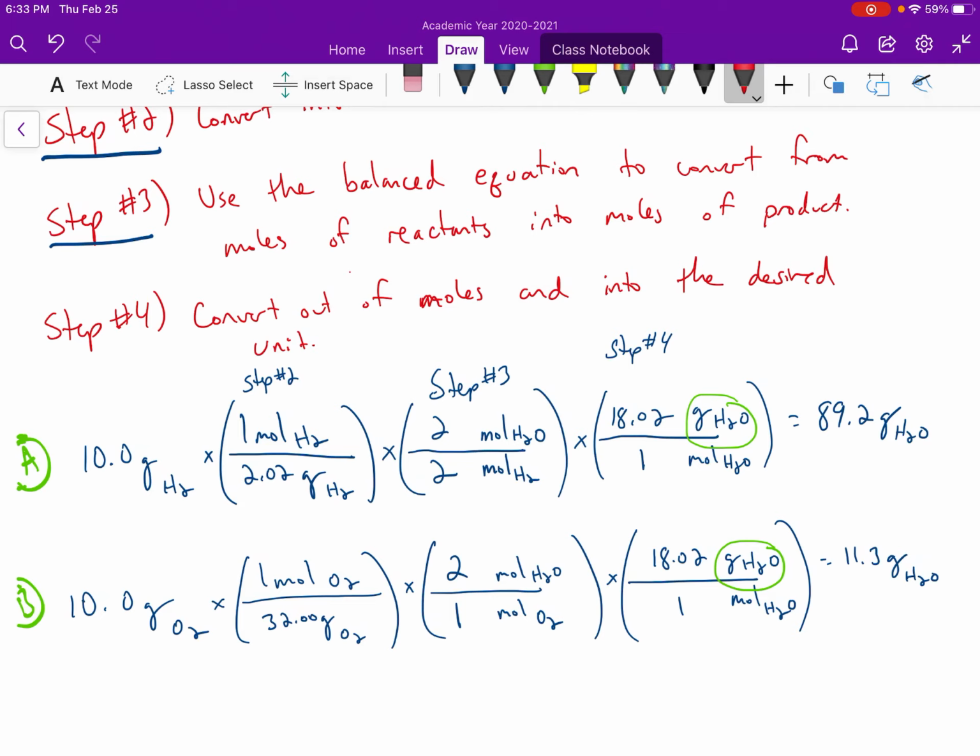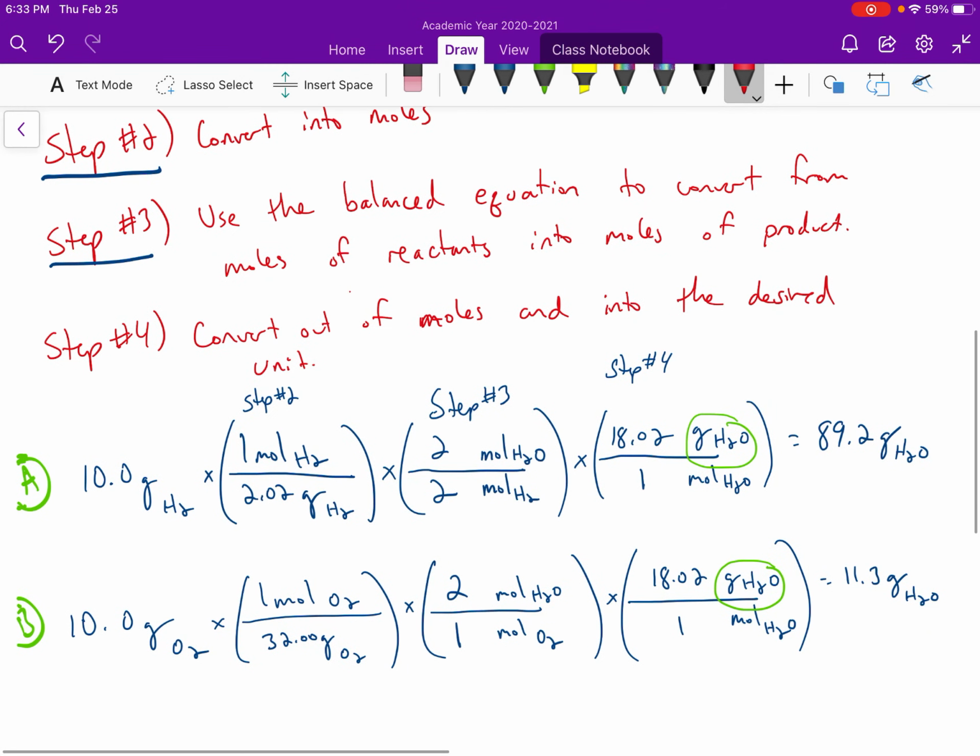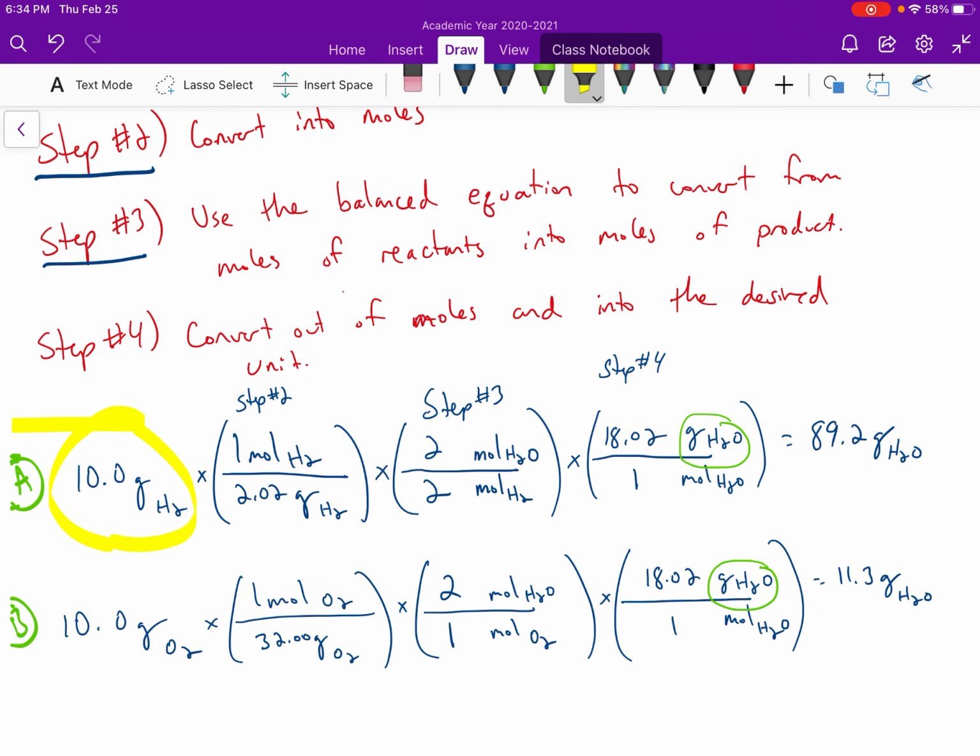We don't know which reactant's going to run out first. This goes back to our recipe thing, right? Making the chocolate chip cookies. You go to the pantry, you get all the stuff. You got to figure out which reactant is going to run out first, and then that is your driving force to get your answer.